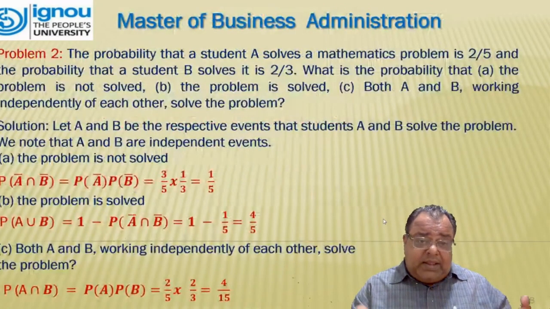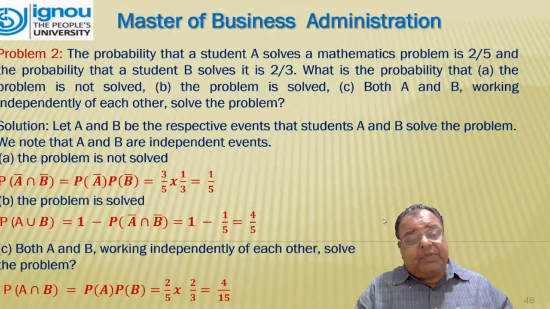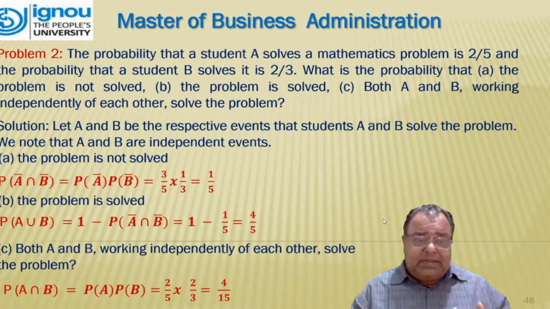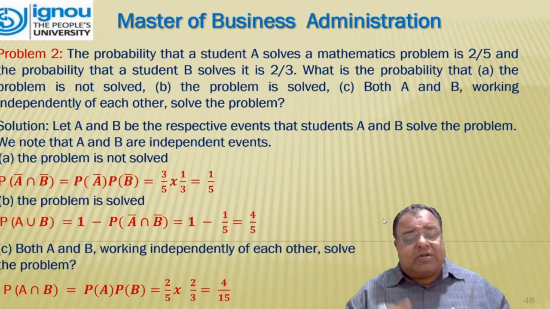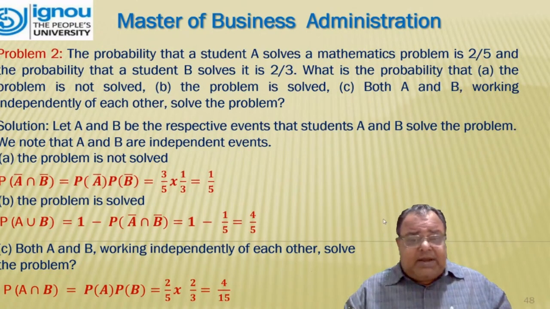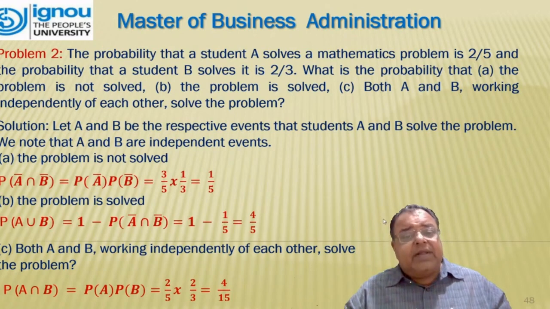Now we will see another problem related to probability. The probability that student A solves a mathematics problem is 2 by 5, and the probability that student B solves it is 2 by 3. What is the probability that the problem is not solved? That is the first one. Second, the probability that it is solved.